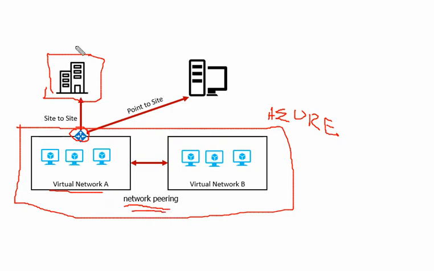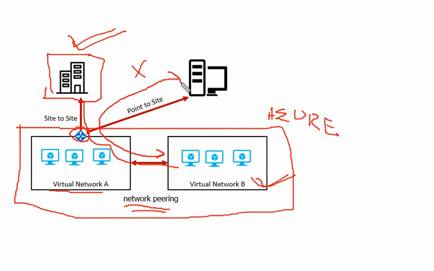We have also confirmed that the computers in our site can communicate with Virtual Network B. That means the traffic is going through Virtual Network A and that part is working. But we found that the communication from the desktop to B is not working.